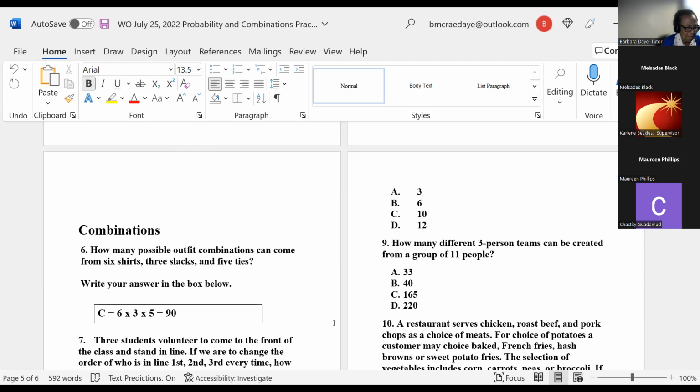It says how many possible outfit combinations can come from those.